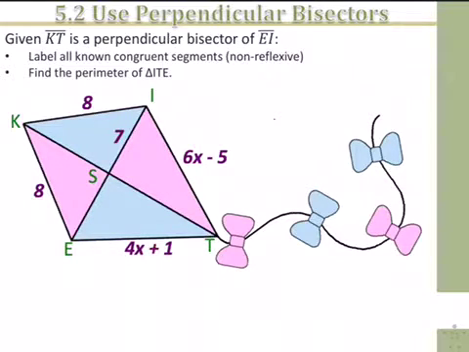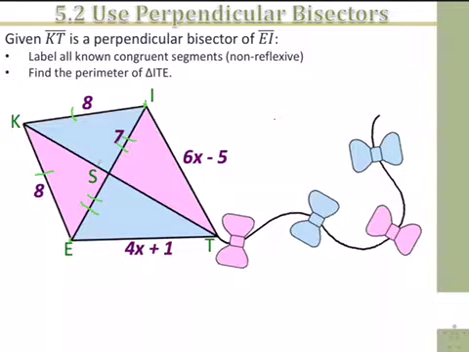Let's see. We want to say that, given KT is a perpendicular bisector of EI, label all congruent segments. Okay. Well, 8 is congruent to 8, last I checked. What else do we know? We already know that KT is a perpendicular bisector of IE, so that would imply that these two parts are congruent, because IE is being bisected.